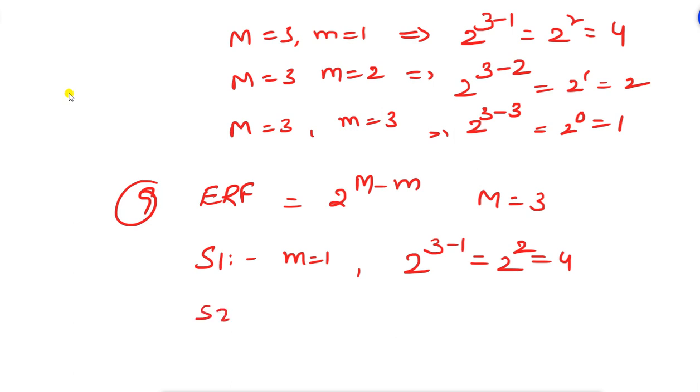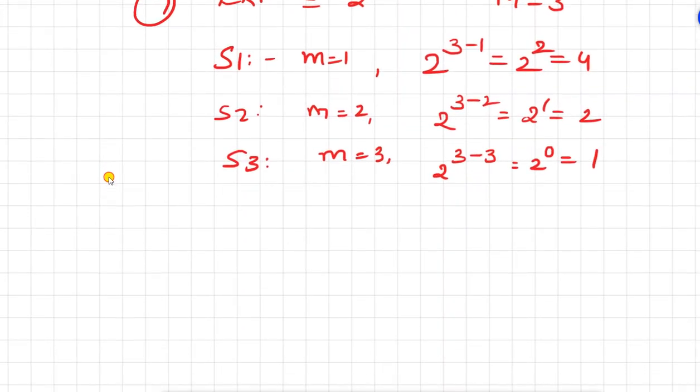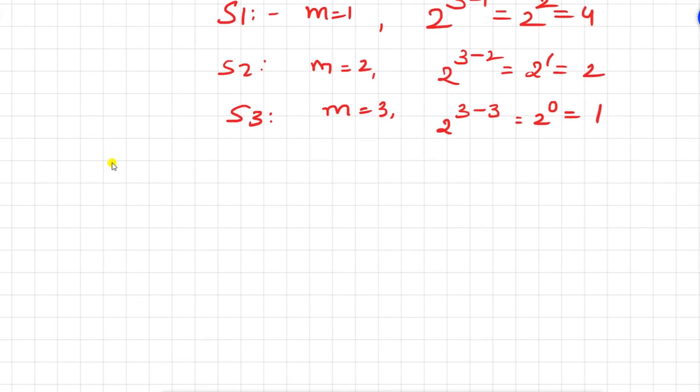In stage 2, m is equal to 2, and 2 power 3 minus 2 is 2 power 1, that is equal to 2. In stage 2 the twiddle factors are repeated 2 times. In stage 3, m is equal to 3, so 2 power 3 minus 3 is 2 power 0, that is equal to 1. So in stage 3 the twiddle factors are repeated only one time. That is step 9.